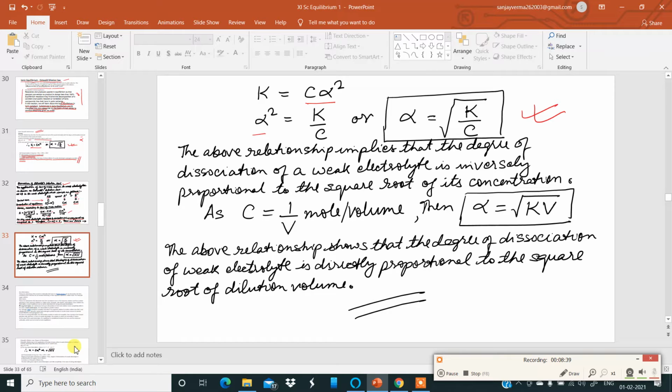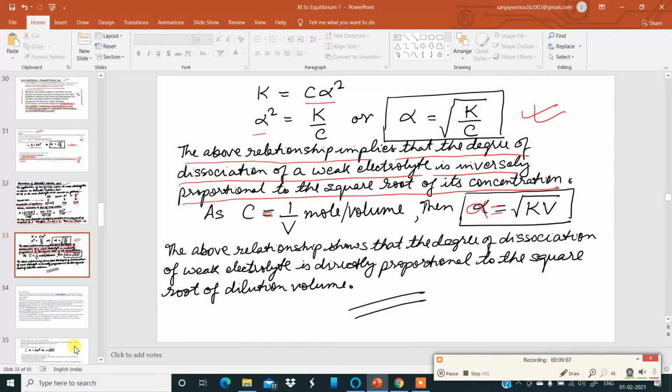Now this above relationship implies that the degree of dissociation of a weak electrolyte is inversely proportional to the square root of its concentration.